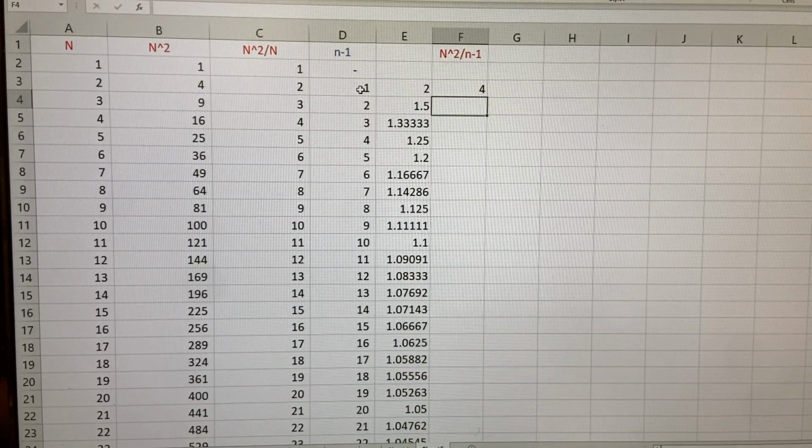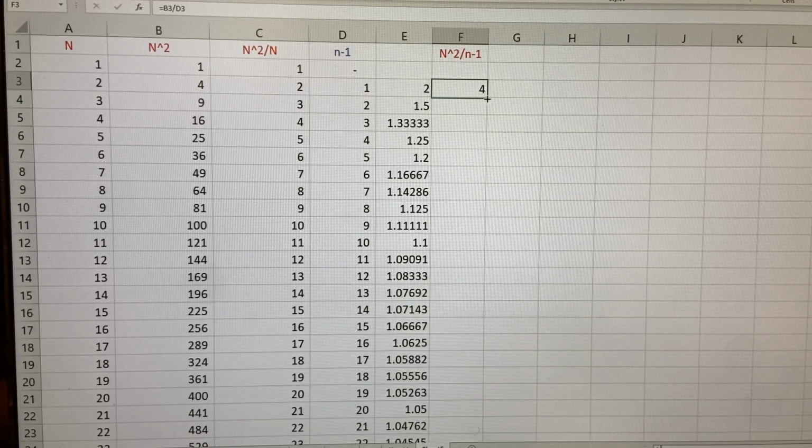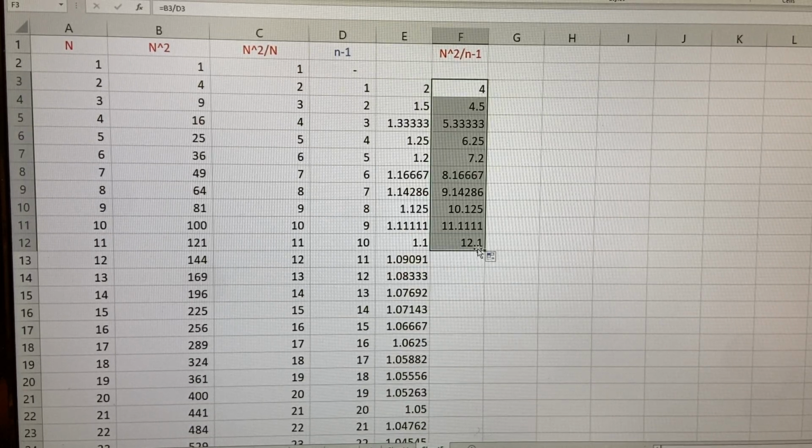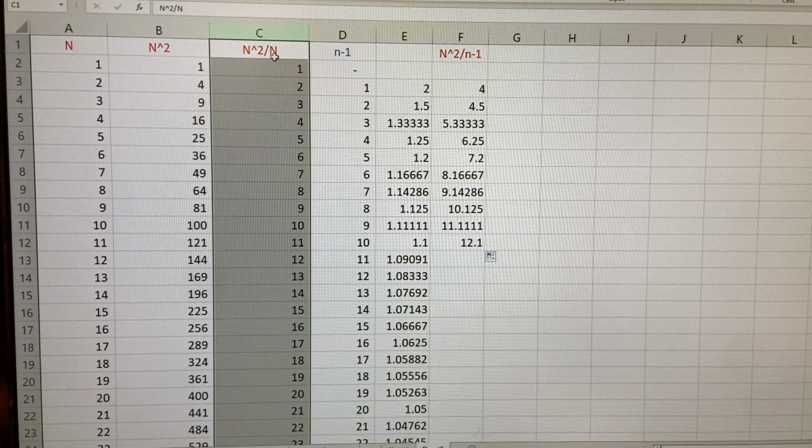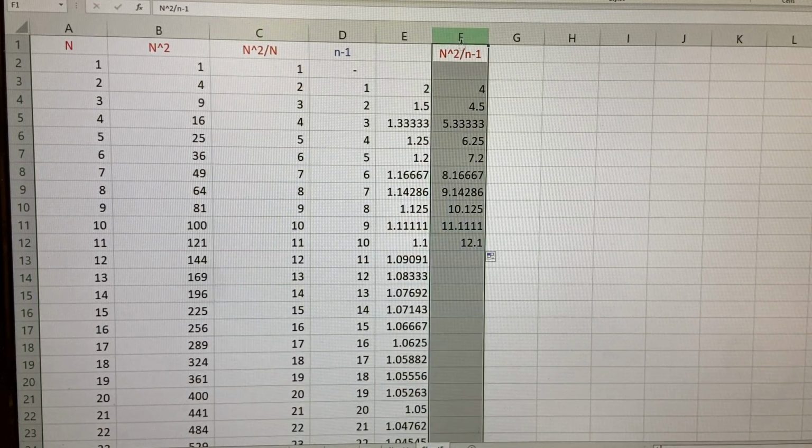So what number do we get? We get that number. Let's check it. Yeah, 4 divided by 1. Yeah, that's 4. And if I copy it down, it should make some sense. Okay, it's looking like this. So this number needs to be compared to this number. So instead of the square of a number divided by the number itself, the square of a number here is divided by one less than the number.